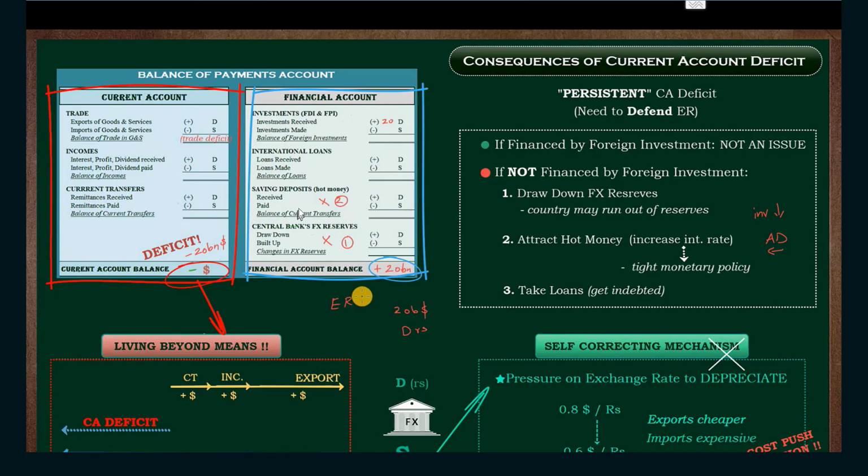If you are trying to, let's say, attract hot money flows, we said interest rate बढ़ाना पड़ेगा, so your domestic economy will be squeezed. If you take international loans, you will become an indebted country which has problems of its own. And similarly, FX reserves, we said countries, if they keep too many FX reserves, first of all, they don't have the capacity, and secondly, there is a huge opportunity cost involved.